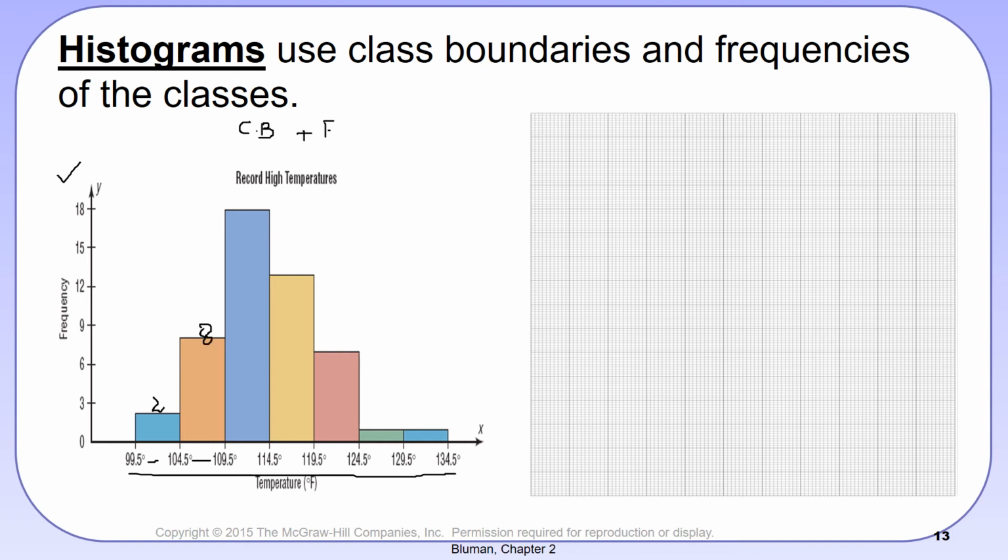From 109.5 to 114.5 the frequency is 18. Similarly the next frequency is 13, then 7, the second last frequency is 1, and the last group's frequency is 1.